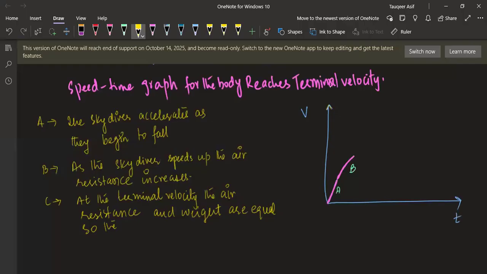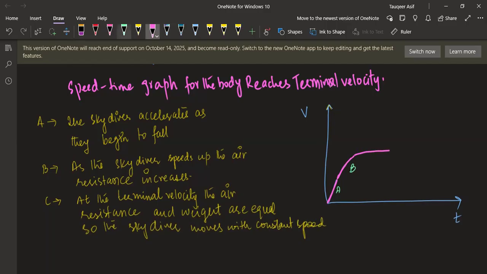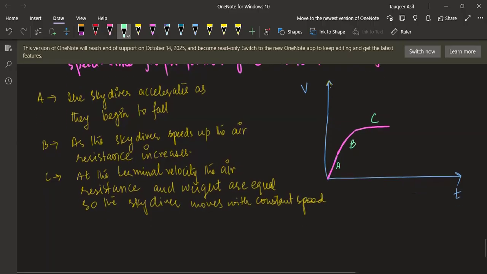According to Newton's first law of motion, the body will continue to move with a constant speed, right? So the skydiver moves with constant speed. So the graph is going to become horizontal. So here the terminal velocity is reached by the skydiver.